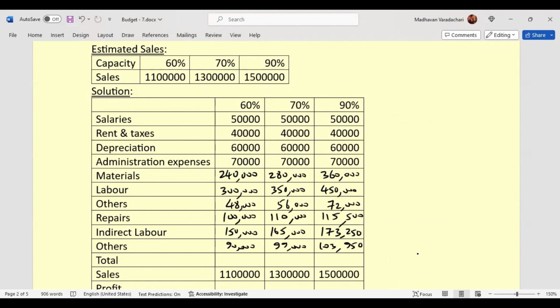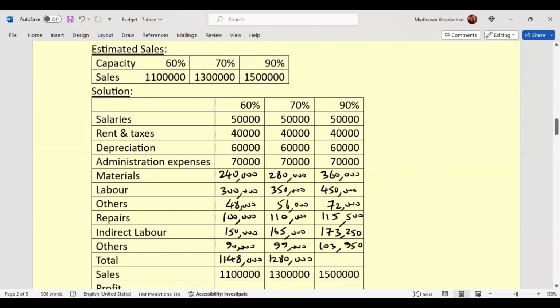Now the total will be, if you add all these expenses, we get 1148,000. The next one, 1280,000.